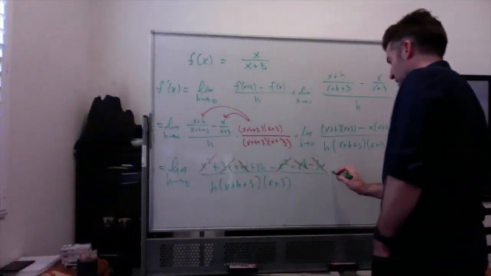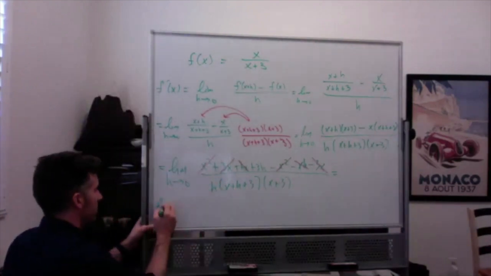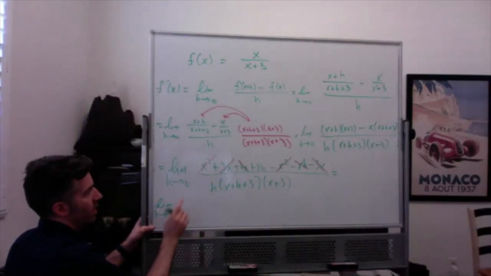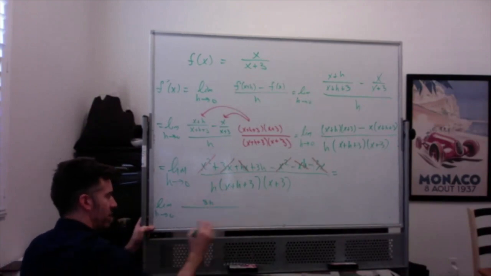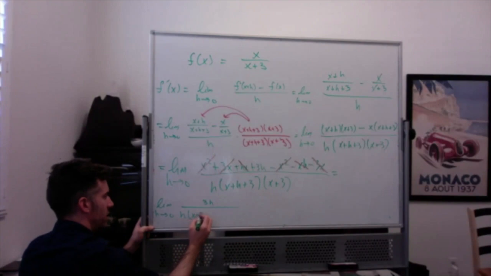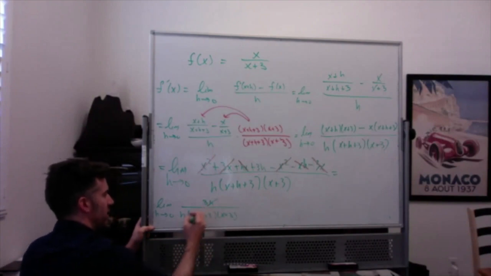So here is what we are left with. We are left with the limit as h goes to 0 of, I have a 3h on top, and I have this giant mess on the bottom. H times x plus h plus 3 times x plus 3. I can cancel the h's here.